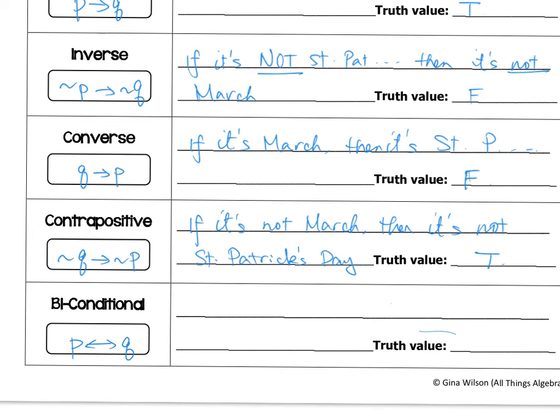So in this case, we say it is St. Patrick's Day if and only if it is March. And for a biconditional statement, both have to be true. So in this case, it's false.